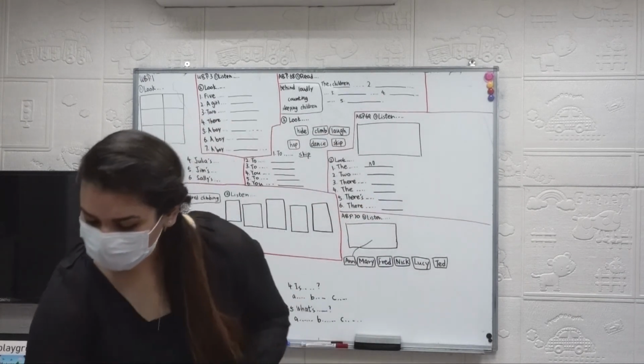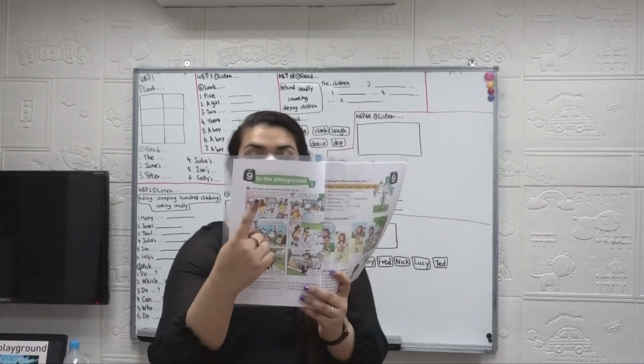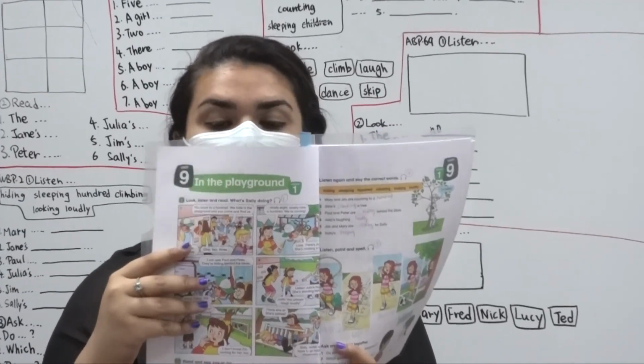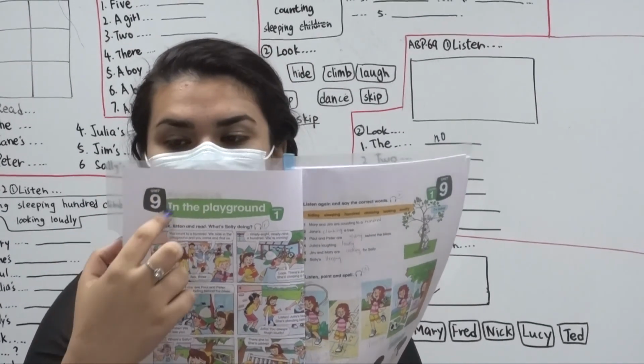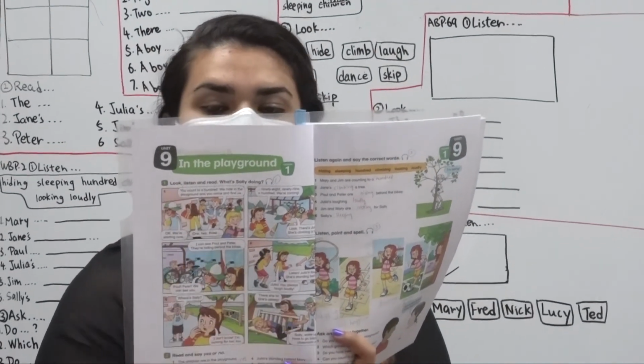Alright, great. So, according to our lesson today, we have a new topic, also a new unit. Our unit today is in the playground. We will be learning about unit number 9 and our topic is in the playground.